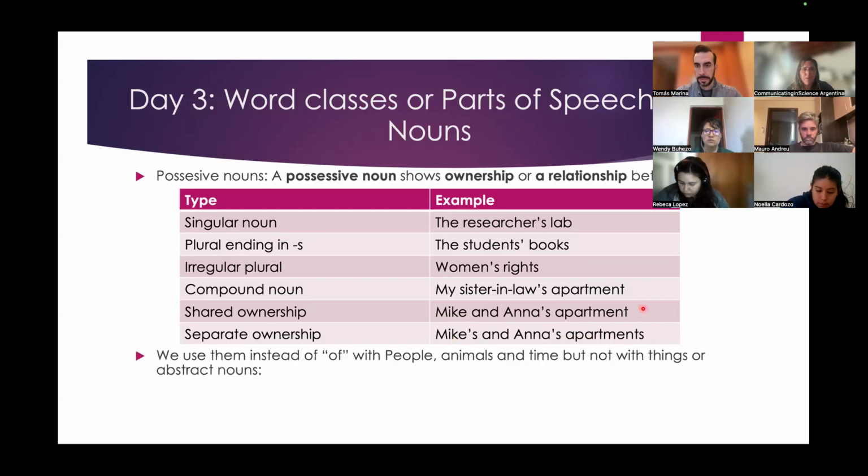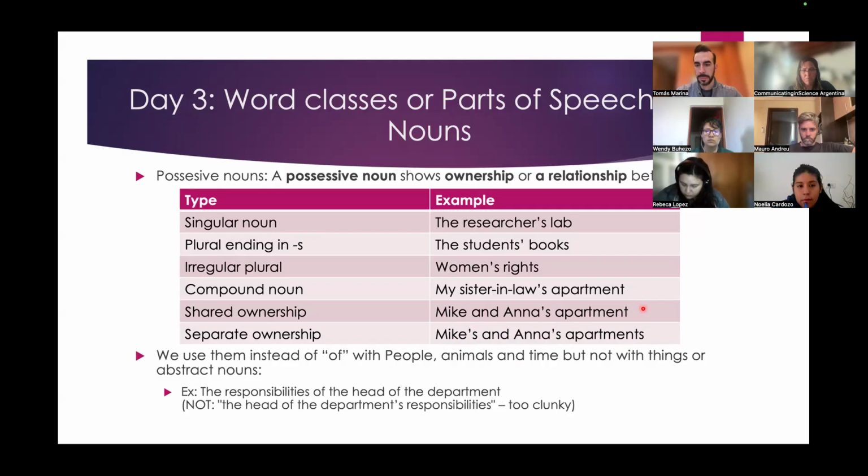Let's see. Yes, we use them instead of with people, animals, and time, but not with things or abstract nouns. I'm going to give you an example. The example that we have is the responsibilities of the head of the department.